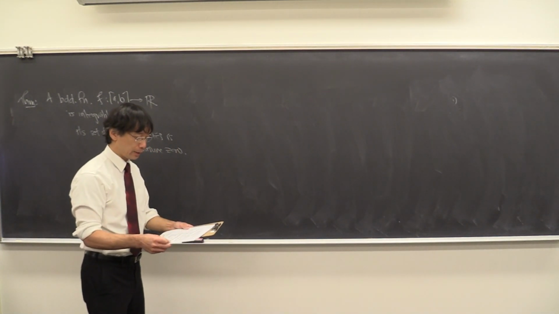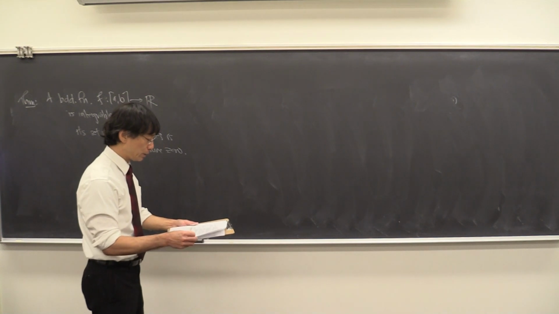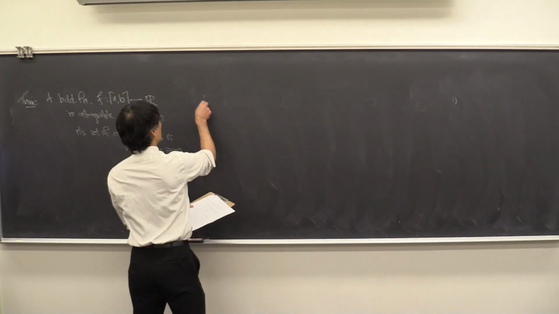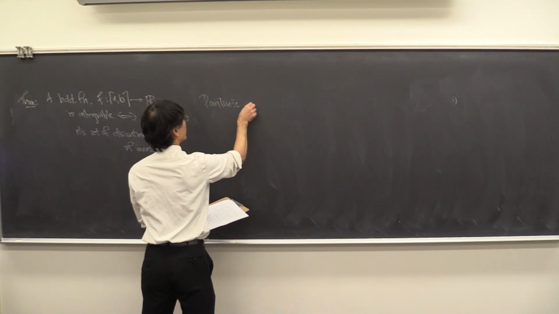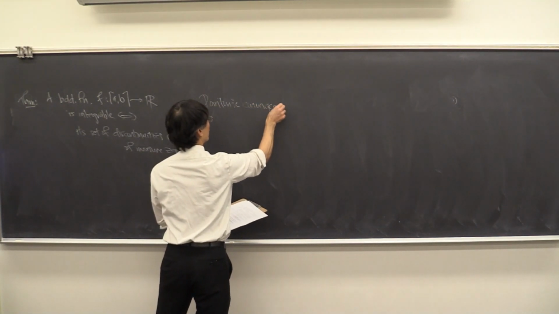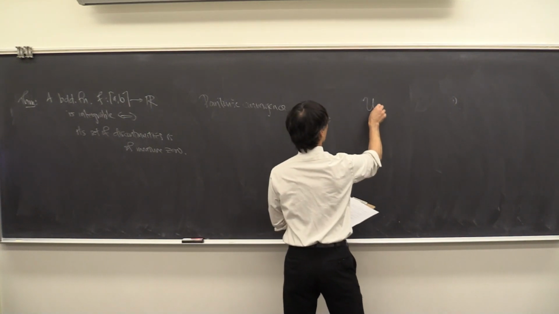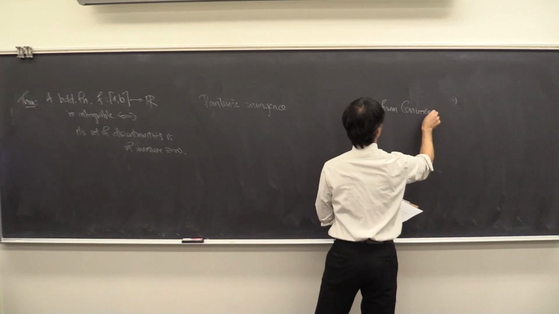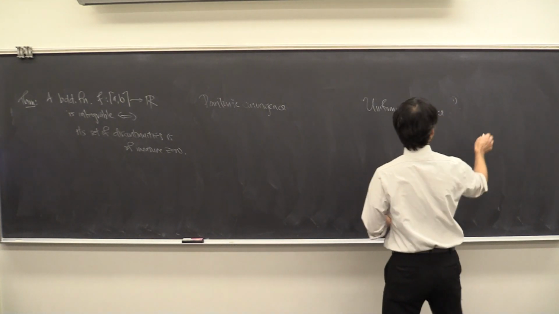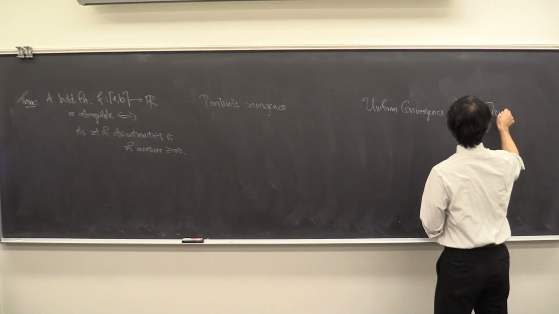Roughly speaking, they fall into three categories: pointwise convergence, uniform convergence, and then the last is something called Fubini's theorem.